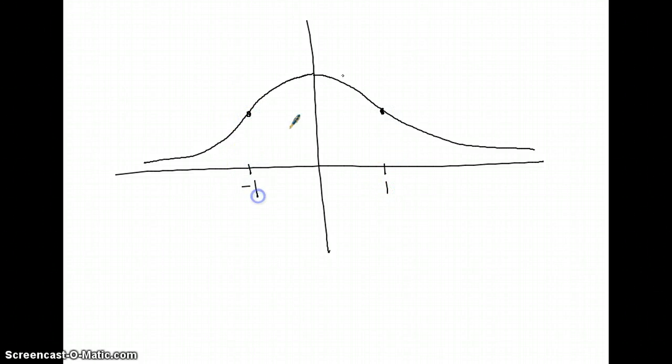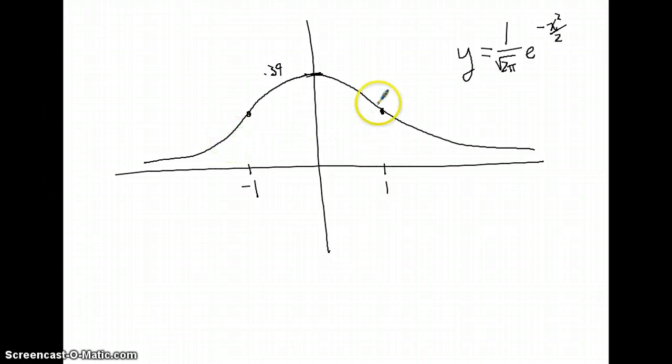It's the exact one that has this crazy 1 over square root of 2 pi business, e to the negative crazy, and that one had that maximum at like 0.39 or something like that. And it had an area of 1, which is a big deal.